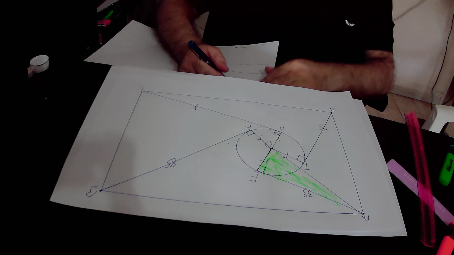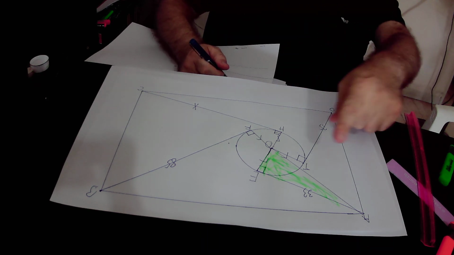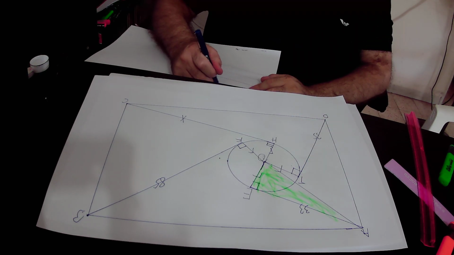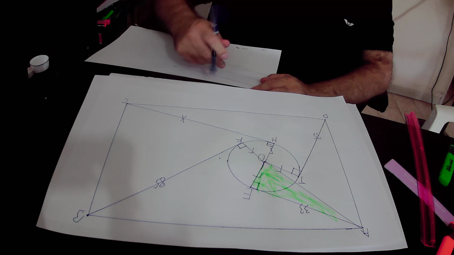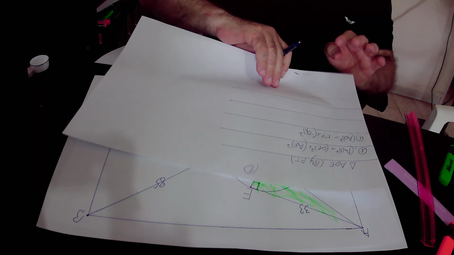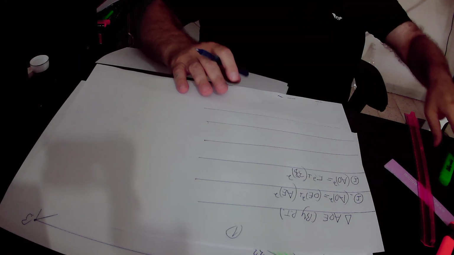OE is R, therefore OE square is R square, plus AE square. AE equals 33 units, therefore AE square is 33 square. So, according to equation number 1, AO square equals R square plus 33 square.